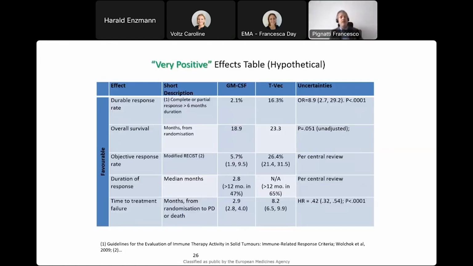A completely opposite way, let's say if you want to paint a very positive picture, would be to list primary and secondary endpoints, to describe the full details, the differences and the statistical strength of the comparisons when they're primary, when they're secondary, and not dwell too much on the uncertainties. Okay, so why am I mentioning these two ways of describing the same data?